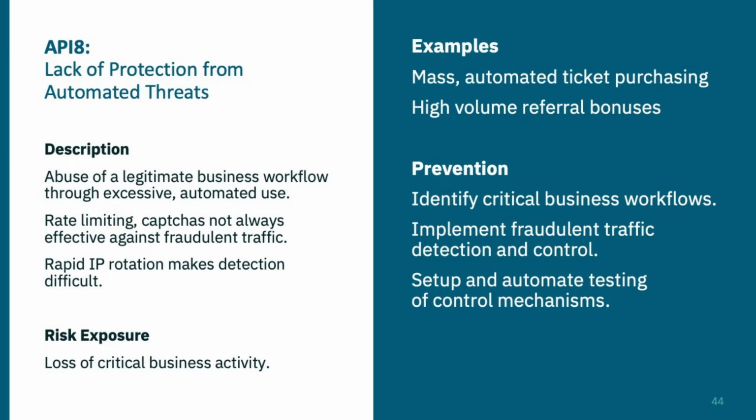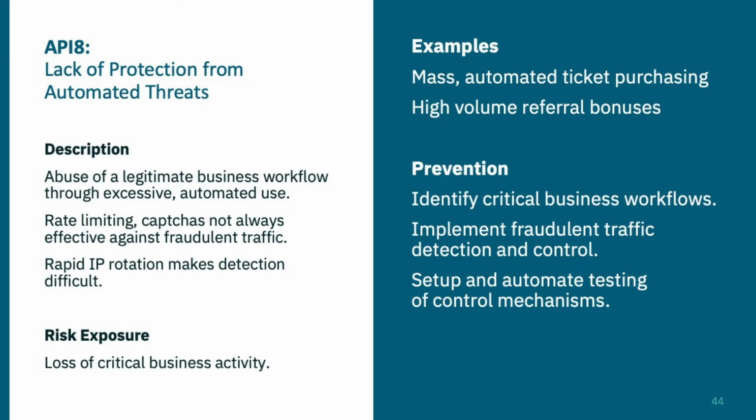The reality here is, attackers are quite creative about making their attacks look like different users from different sources, different IP addresses, different cookies, and so forth. So relying on simple rate limiting does not necessarily protect you from these types of abuses.